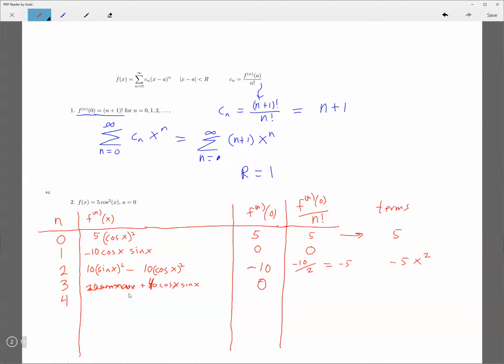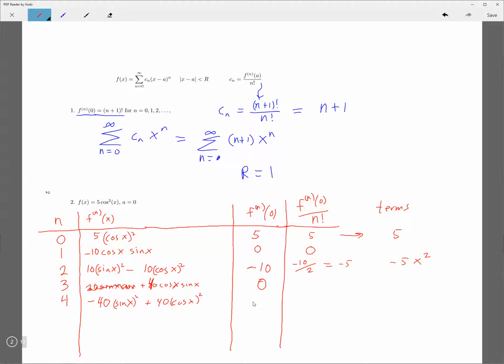Now the next derivative, that's going to be positive 40, negative 40 sine x squared plus 40 cosine x squared.